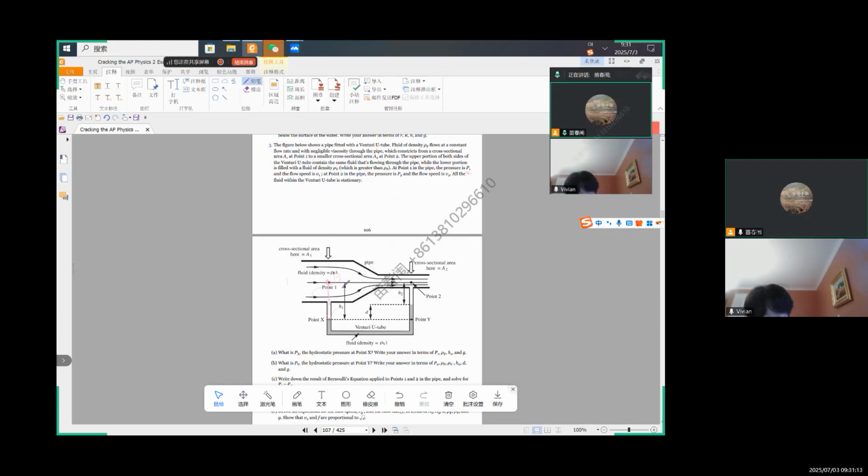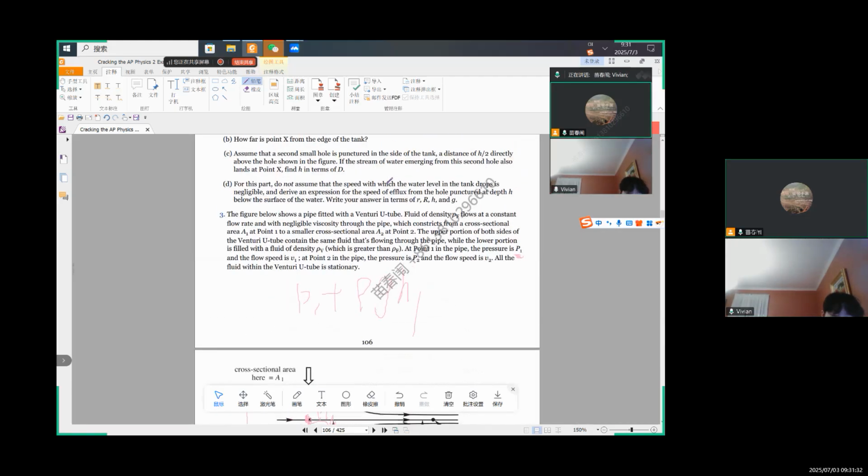But what's downstairs is also going to give a pressure, right? So two parts of pressure. One is P1, the other is basically rho G, I think it's H1, right? Let's see which rho we should use.